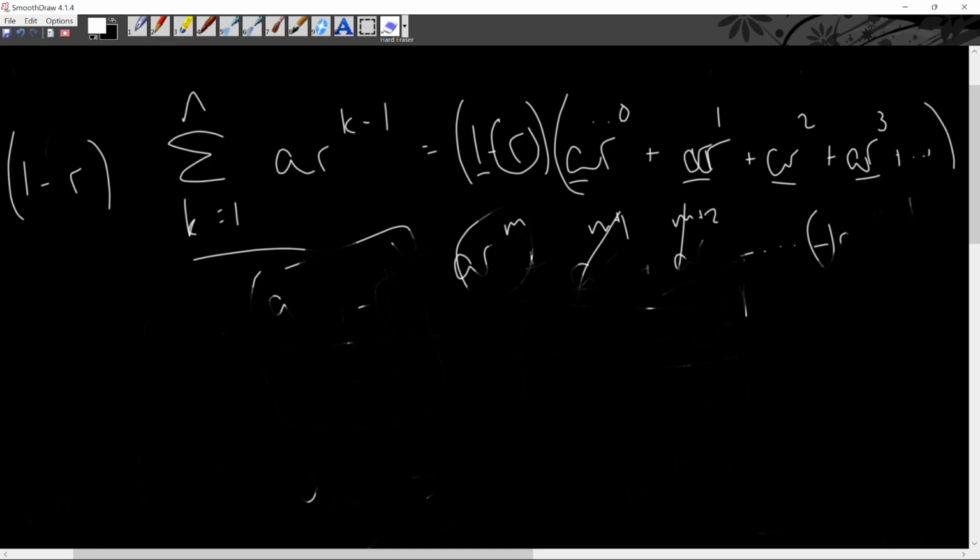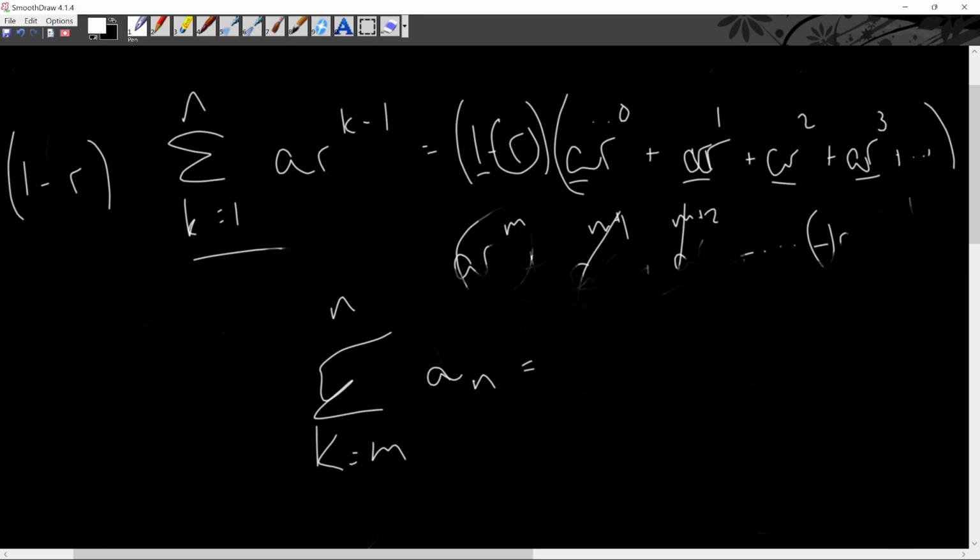Once we divide both sides by that 1 minus r, we are still going to have a nice sum, from k is equal to m up to n, of a times r to the m minus r to the n plus 1, all over 1 minus r.